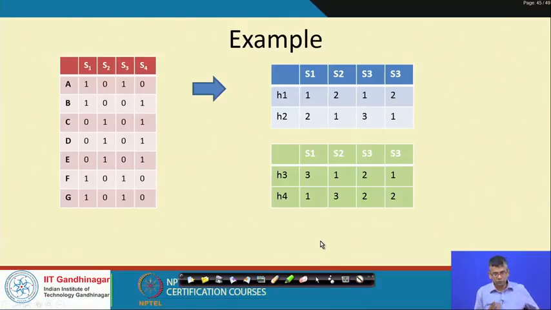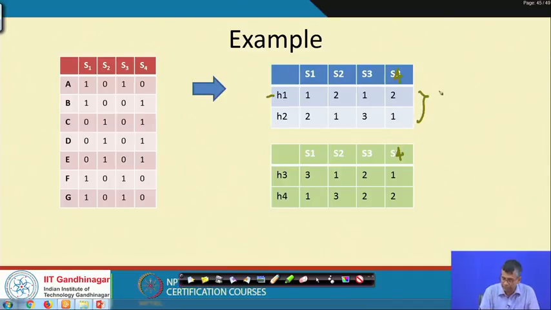Okay. So, here is a simple example. Previously we saw these sets S1, S2, S3, S4, we had one random permutation H1, and that had this sketch. For S1 it had 1, for S2 it had 2, S3, and this should be S4 really. For S4 it had this, and similarly we had H2 which had this sketch. So, now this would be capital H1.